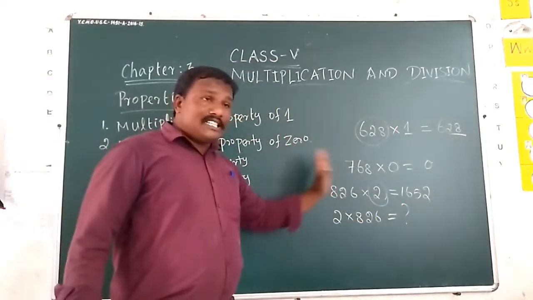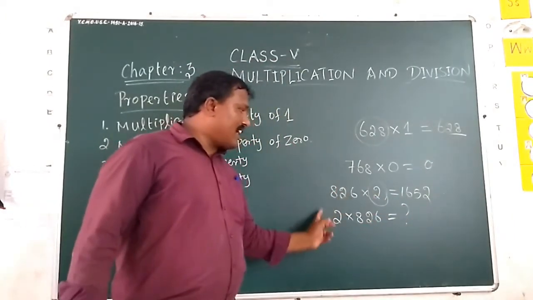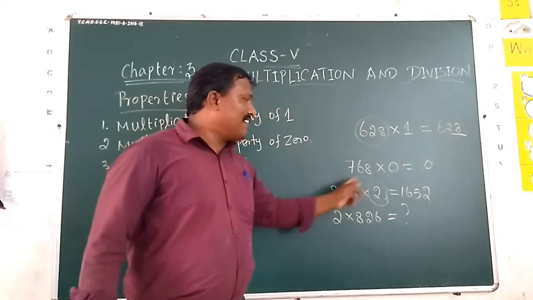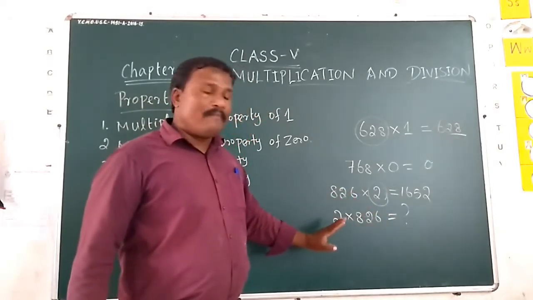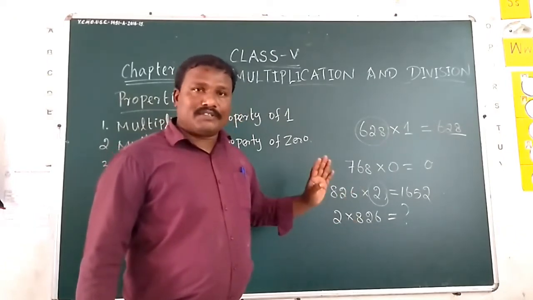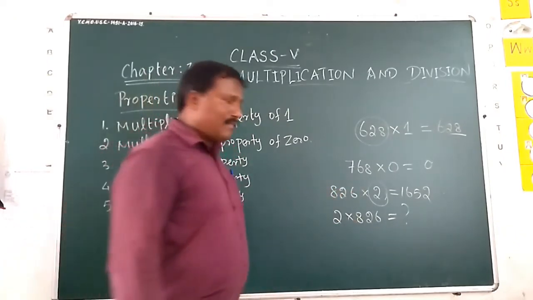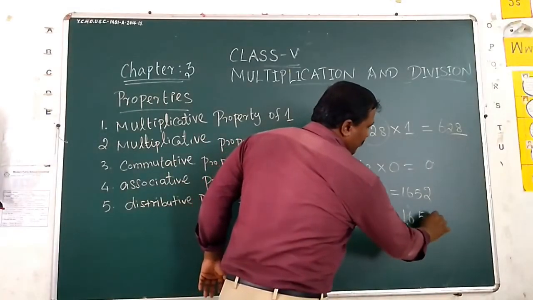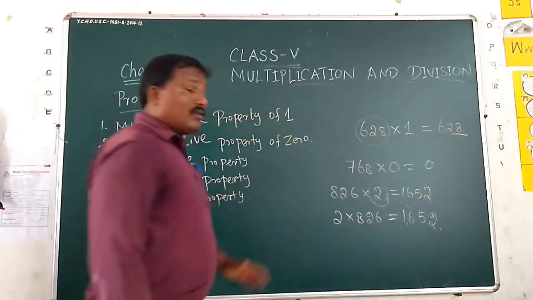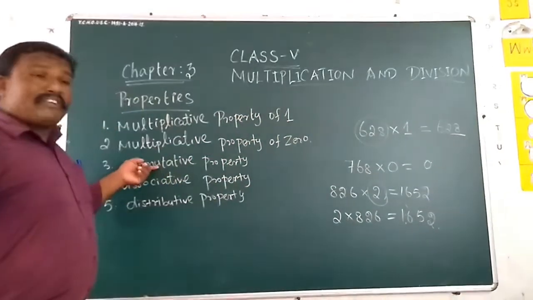Now I change the order: 2 this side, 826 that side. If you change the order, is the answer the same or what? The answer is the same, 1652 only. So this is called the commutative property.